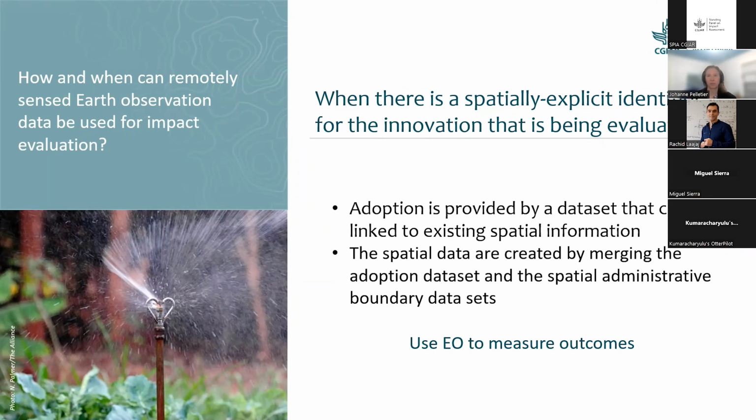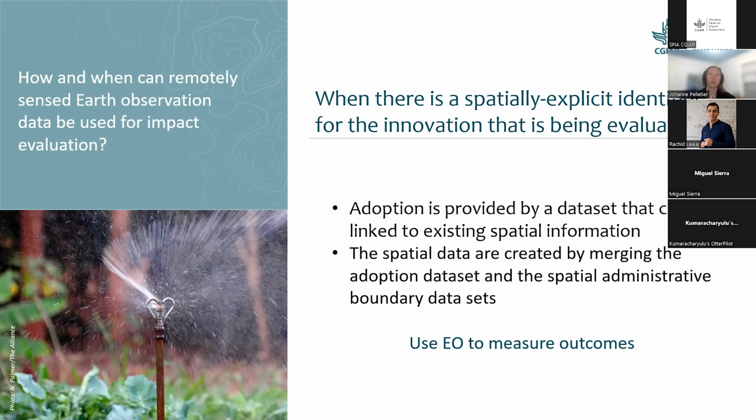This data set can be at the district level or the village level, and you can merge spatial administrative boundary information with the adoption data to have spatial data on adoption.